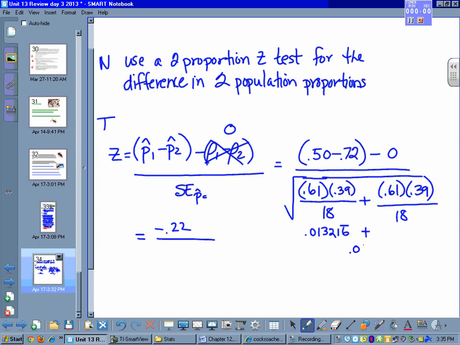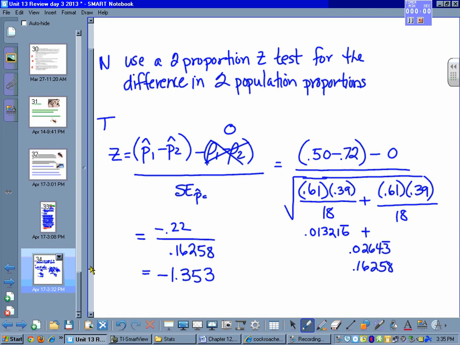So this is 0.02643 repeating. And then I'm going to take the square root of that, and I get 0.16258. So negative 0.22 divided by 0.16258 gives me a z-score of negative 1.353.